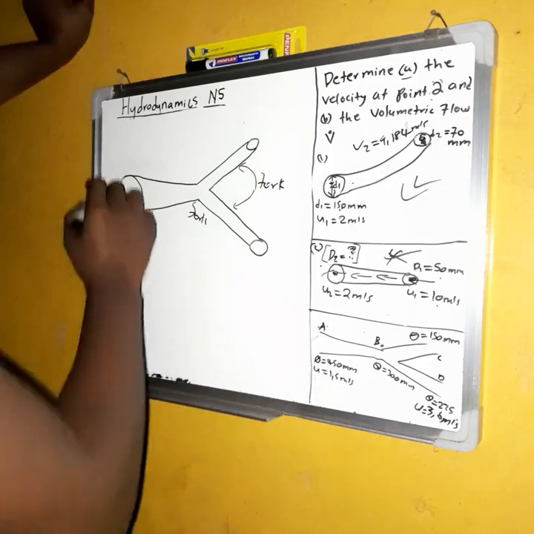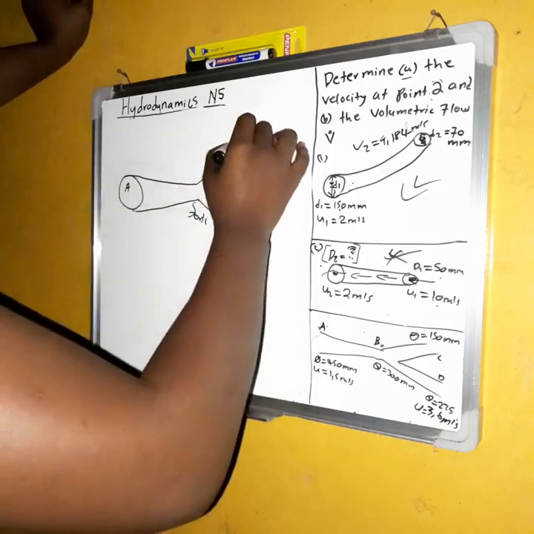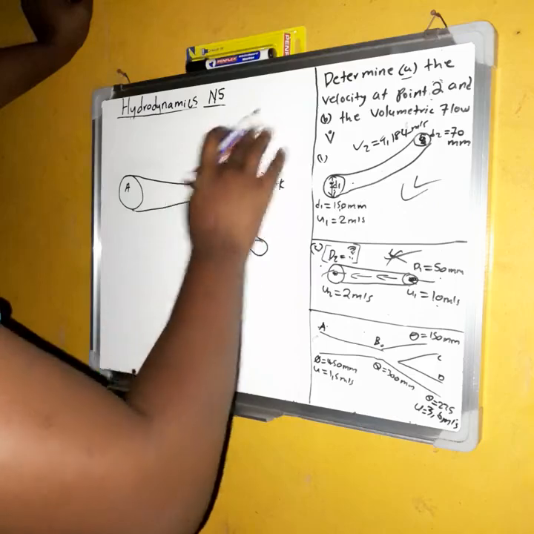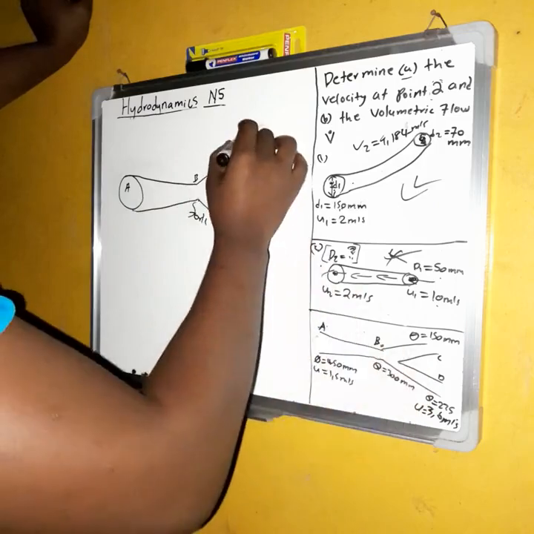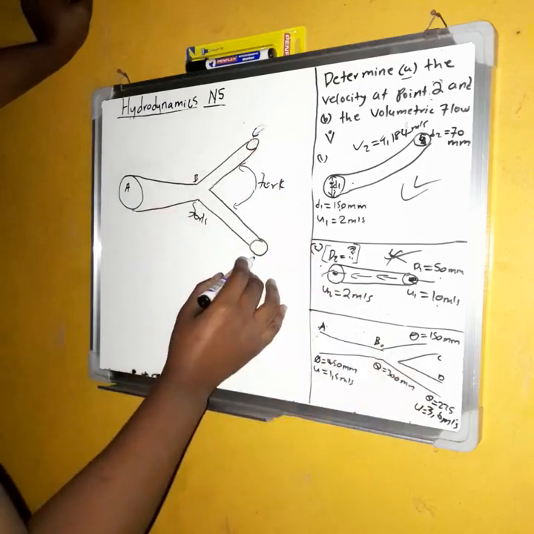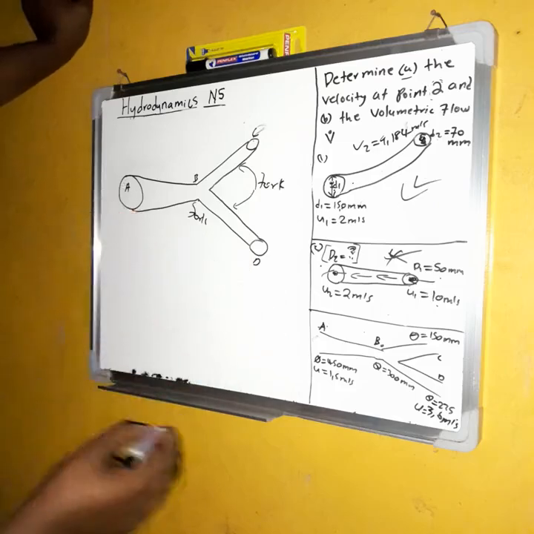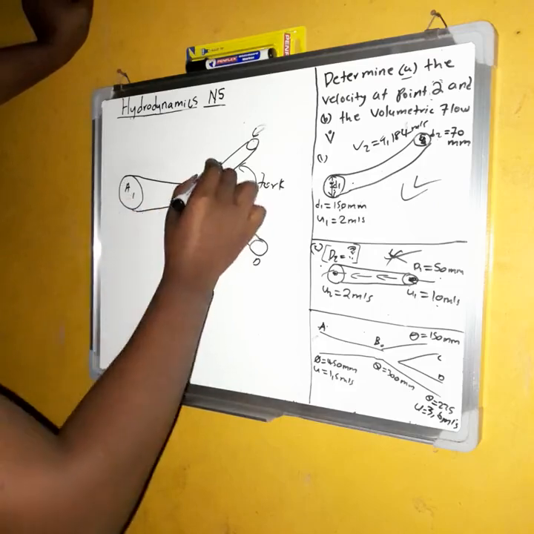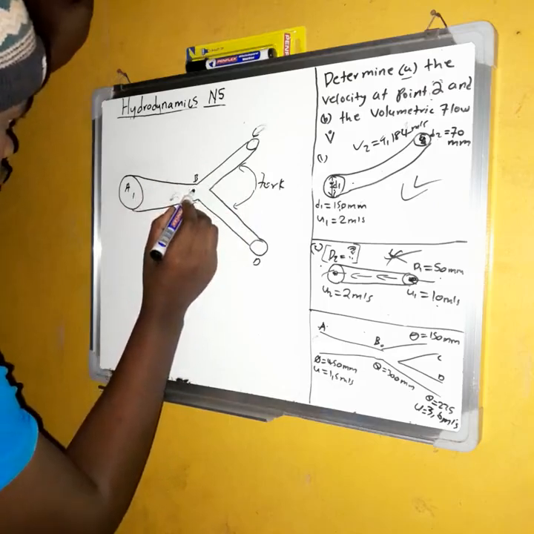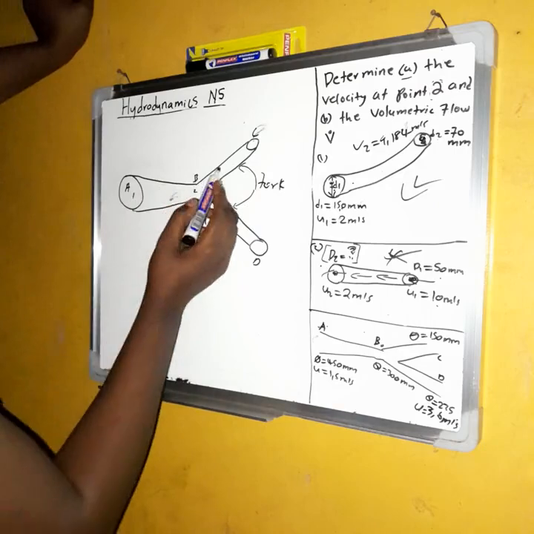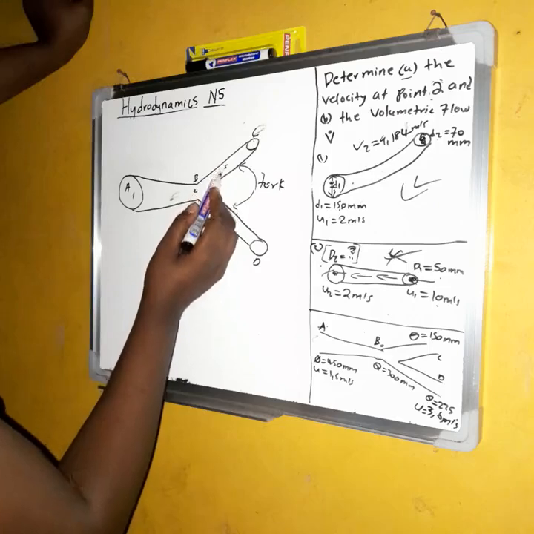So we're given this, it's A, right? This is B, this is C, this is D. That means this is a diameter. We can call these pipe 1, pipe 2, pipe 3, pipe 4.